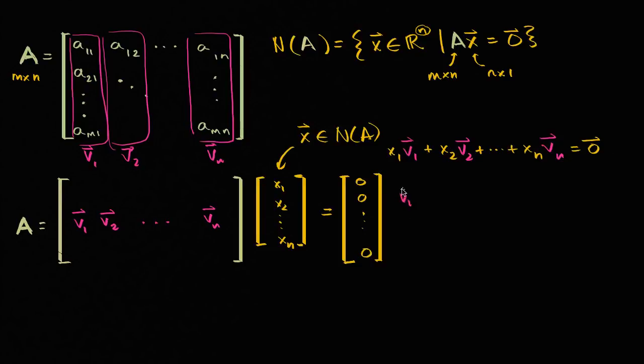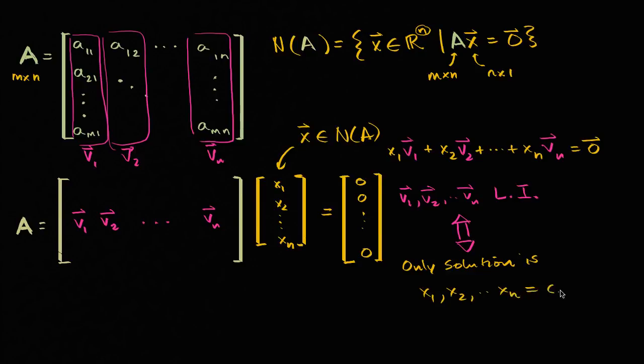So v sub 1, v sub 2, all the way to v sub n are linearly independent if and only if the only solution, or you could say weights on these vectors, to this equation, the only solution is x1, x2, all the way to xn are equal to 0.